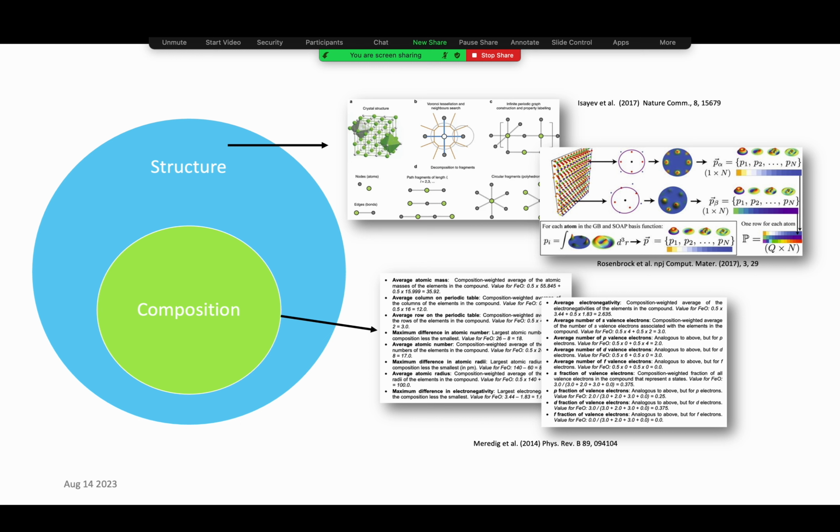And there have been various structural descriptors that have been developed over the years. There are things that are based on graphs, and there are also things that are based on local environments around each atom, okay? And both have been extremely successful in machine learning models for property predictions, okay?